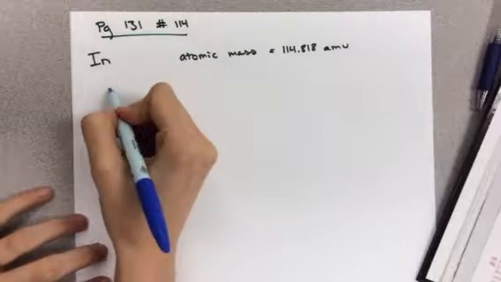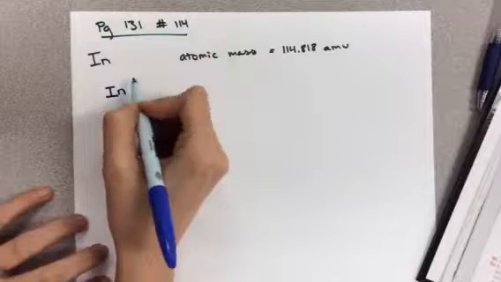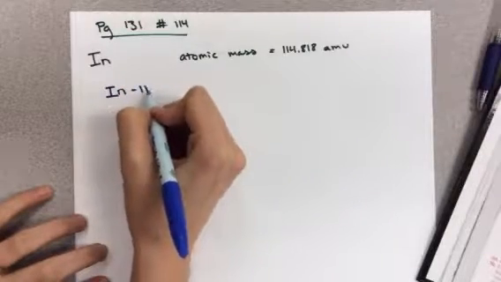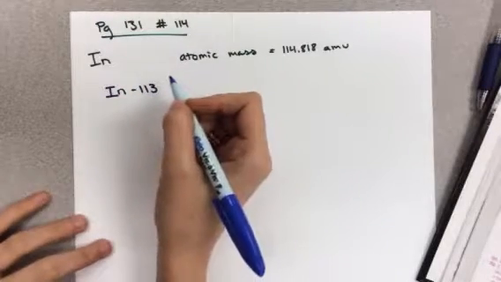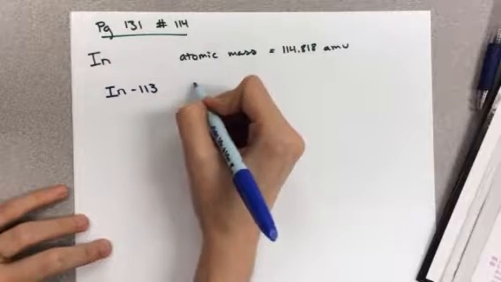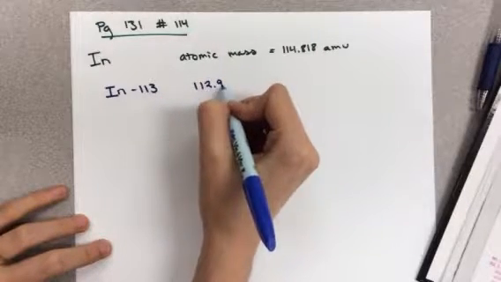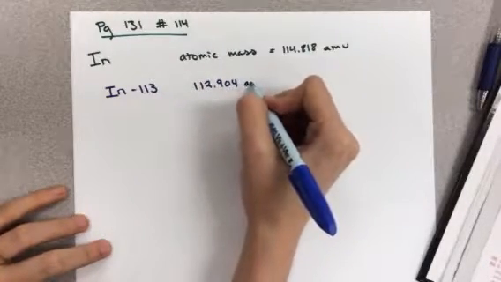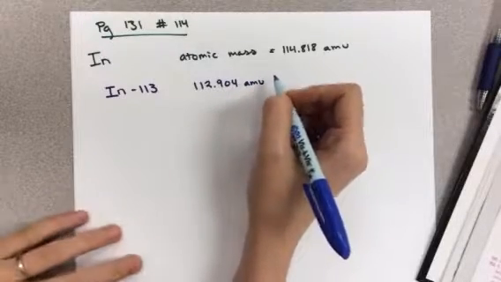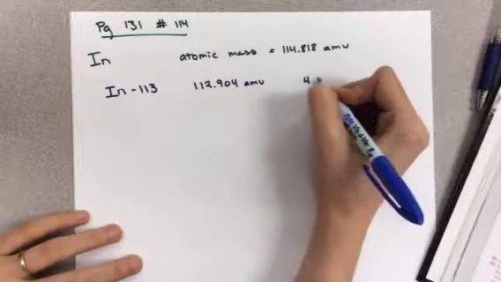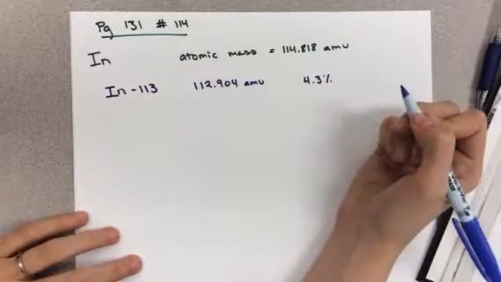So we know that there's two. We're given one. Indium 113 has a mass of 112.904 AMU and an abundance of 4.3%.